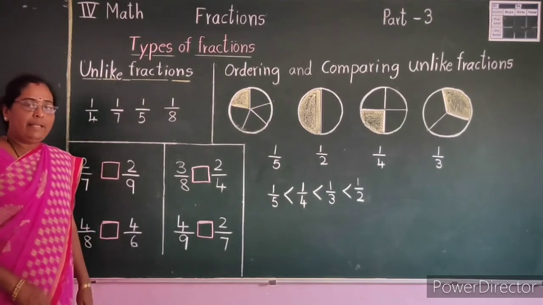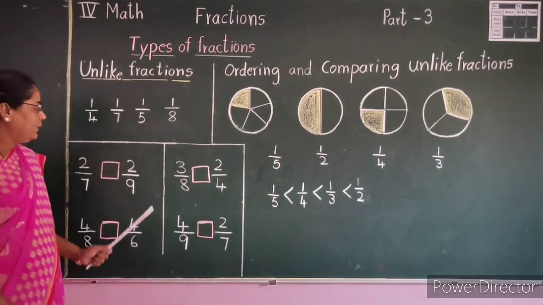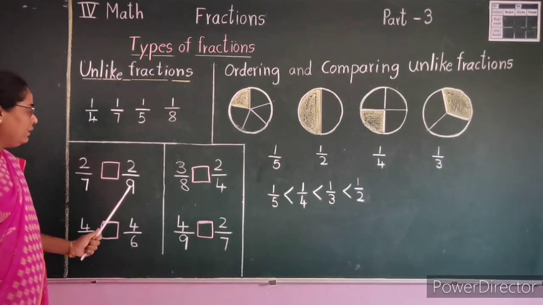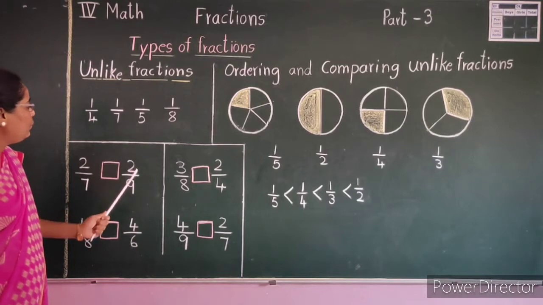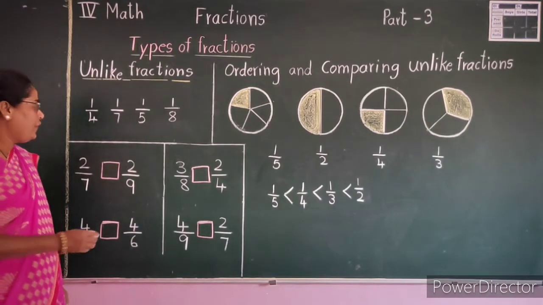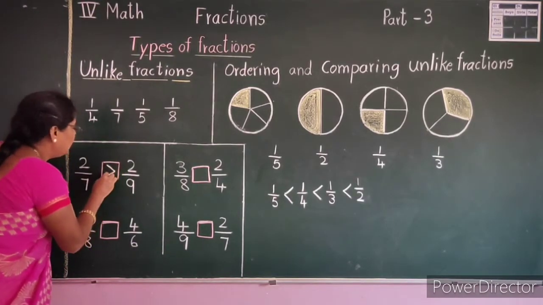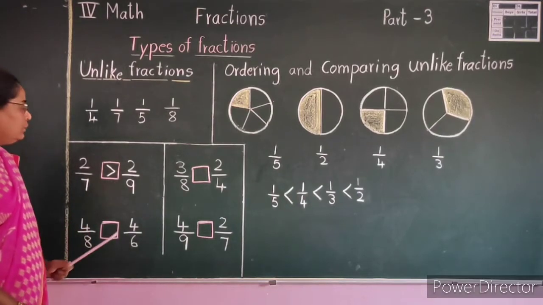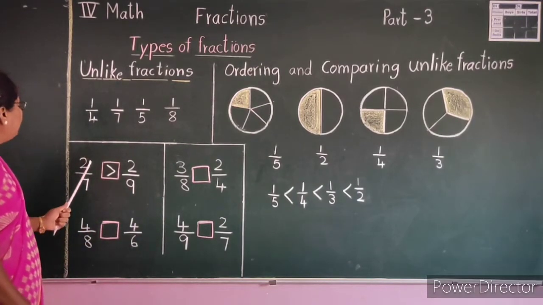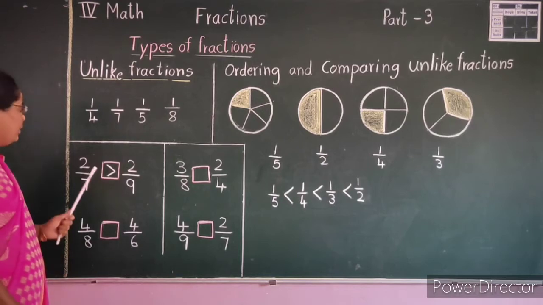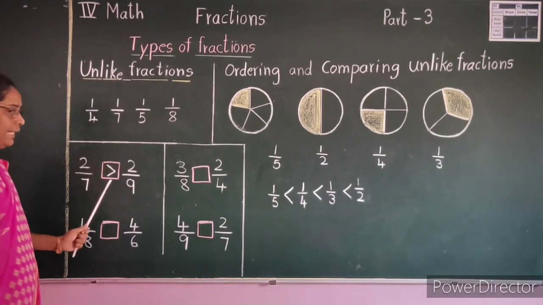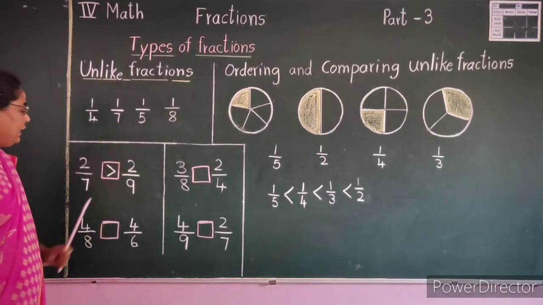The greater the denominator, the smaller the fraction. Here the bigger number is 9. So 2 by 9 is the smaller fraction, and 2 by 7 is greater than 2 by 9.